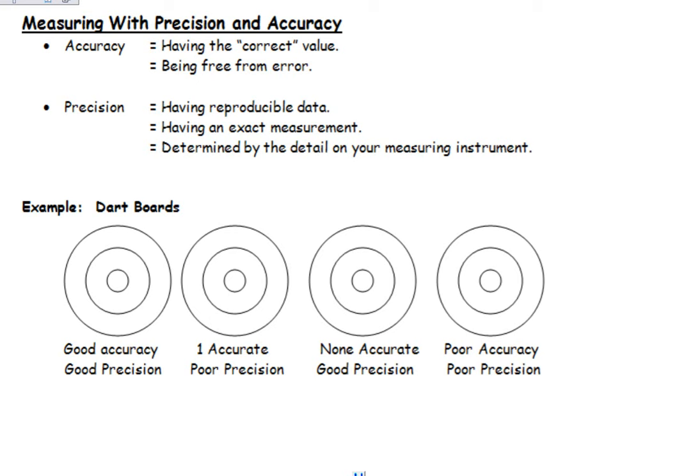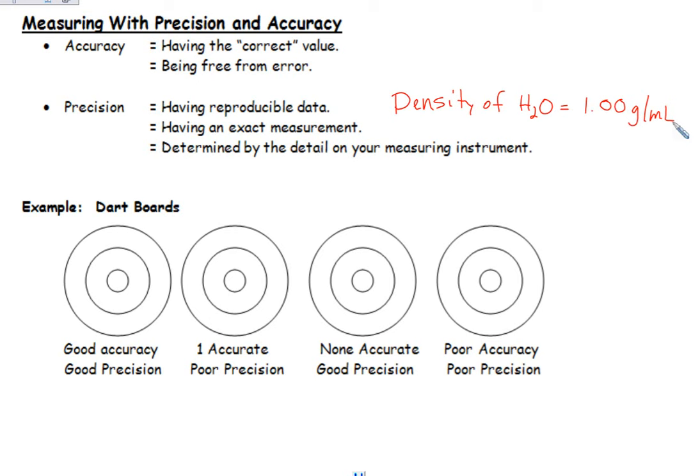So for example, if I know that the density of water is 1.00 grams per milliliter, I can look that up on an MSDS sheet. That's a constant.